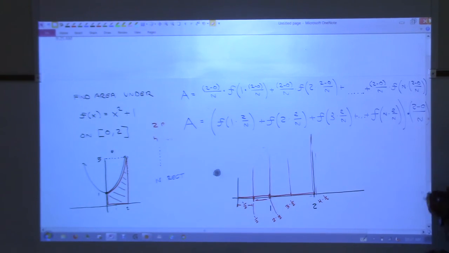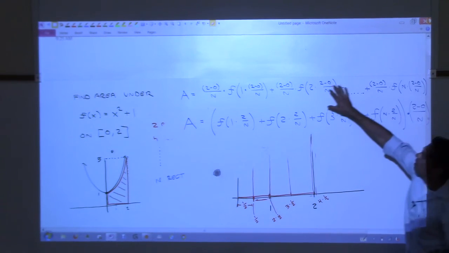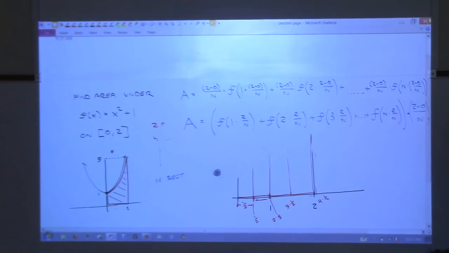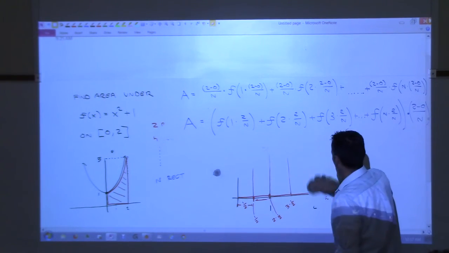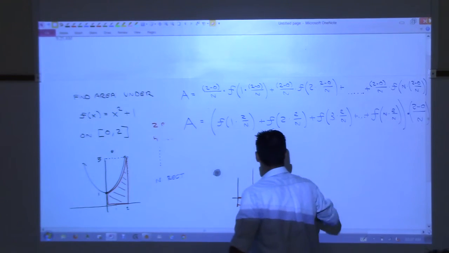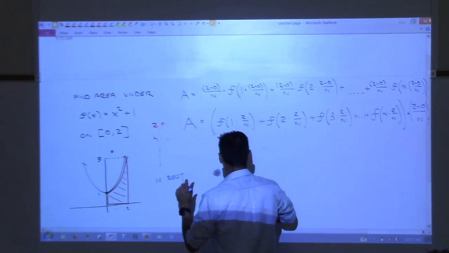Since they all have the 2 minus 0 over n in them, I factored it out and I just slapped it to the back. This is just going to multiply times that. Now, I'm at a point where I'm running out of time. I'm going to have to continue this, but.